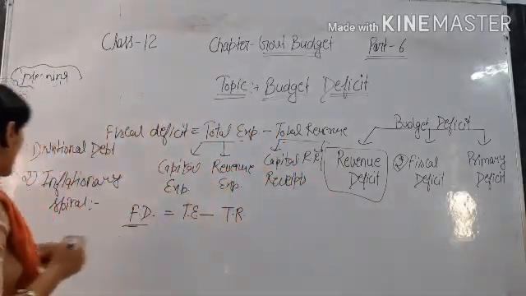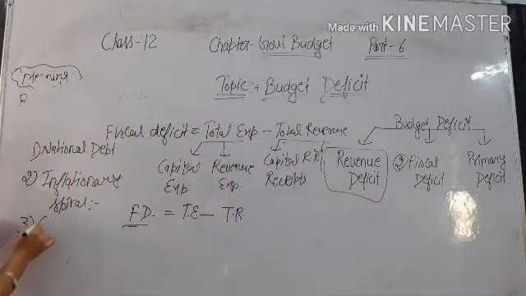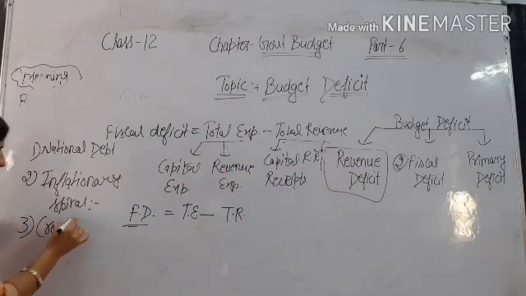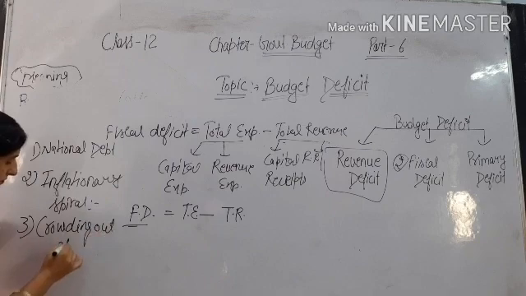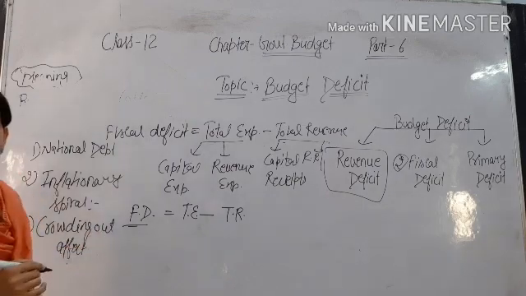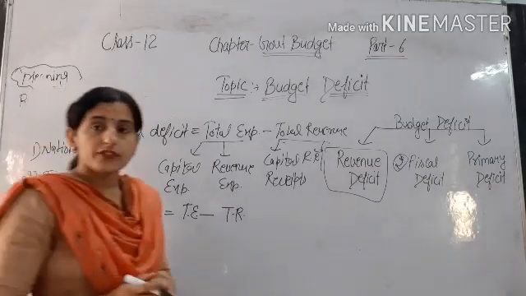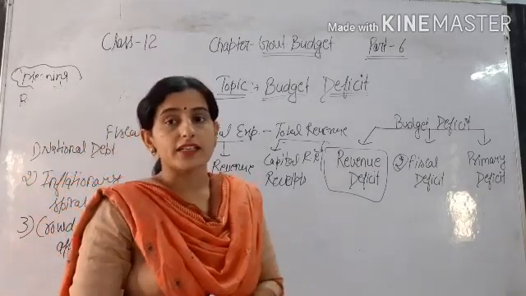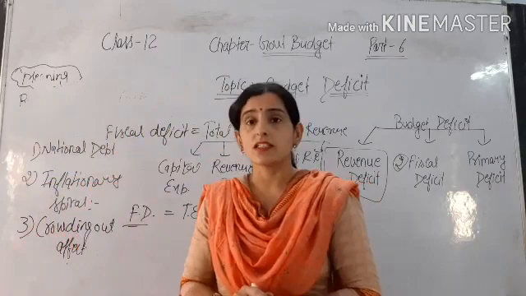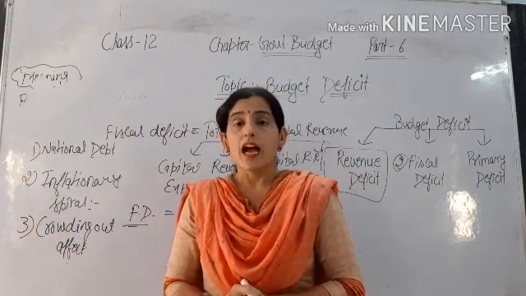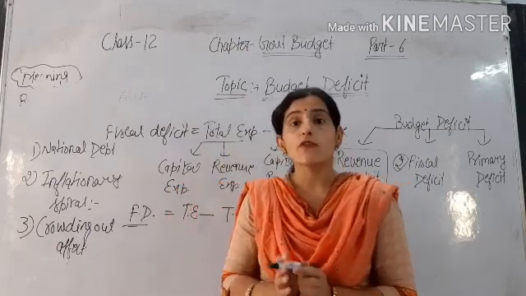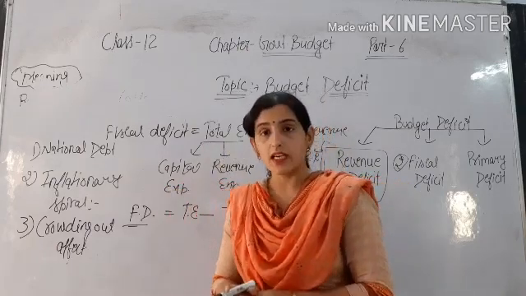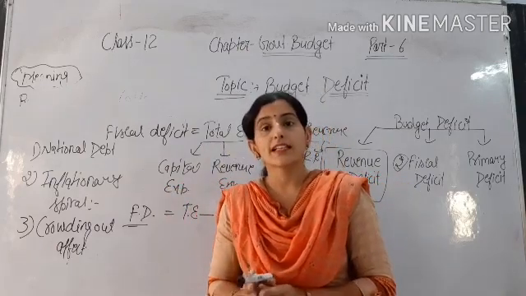The third is crowding out effect. What it means: when there is a fiscal deficit in the government budget, the government borrows money, and due to borrowing more funds, there is a lack of credit availability in the banking system or in the credit system.